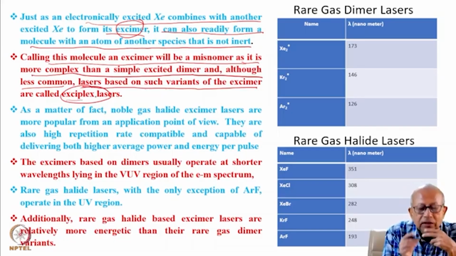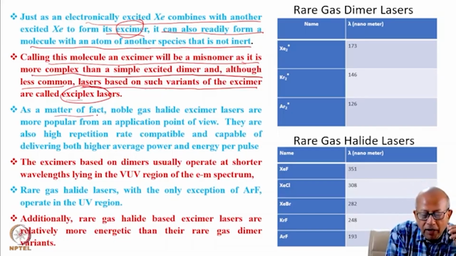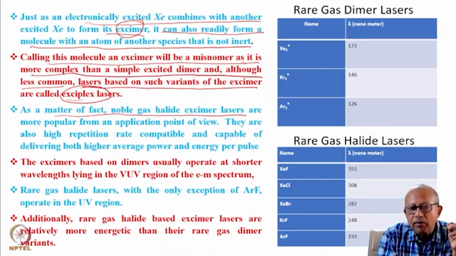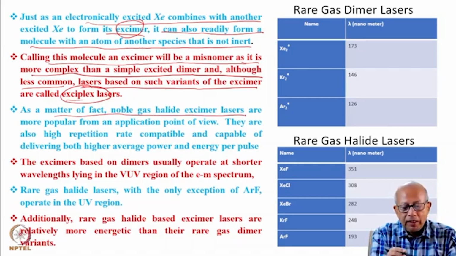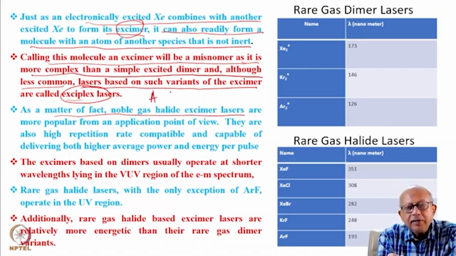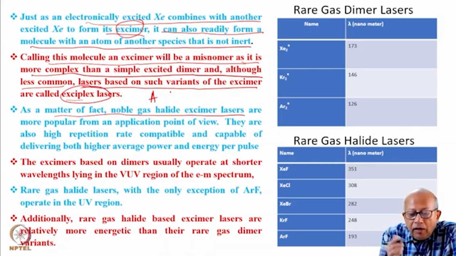So these are called exciplex. As a matter of fact, noble gas halide excimer lasers. Halide means that the other atom is a halide, a halogen. So it could be chlorine, fluorine, bromine, etc.